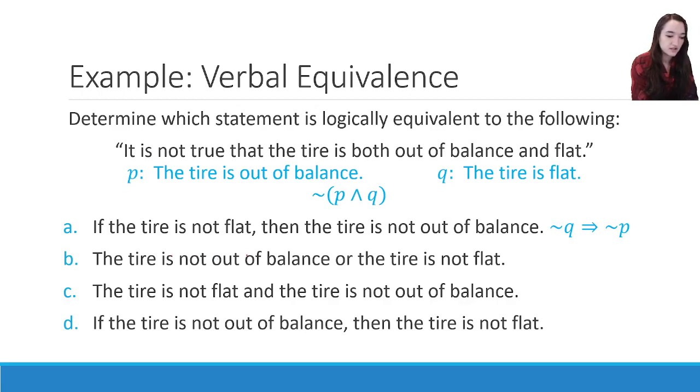The tire is not out of balance, so that's negation of P, or the tire is not flat, so that's negation of Q, like so.